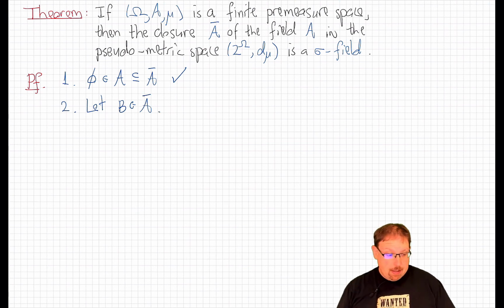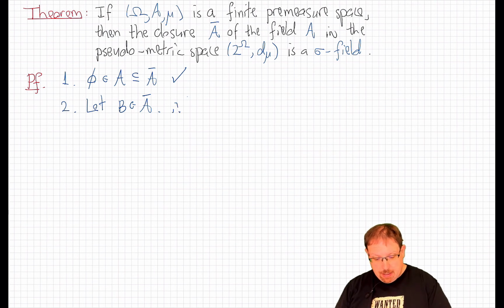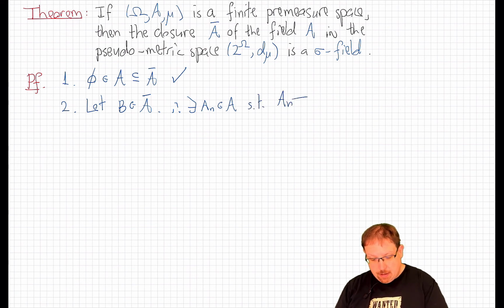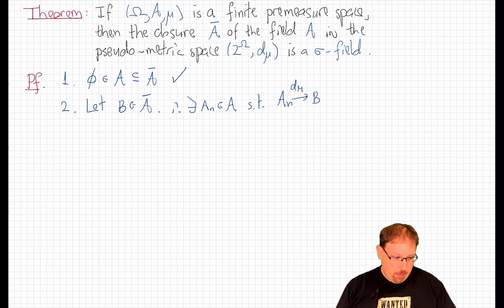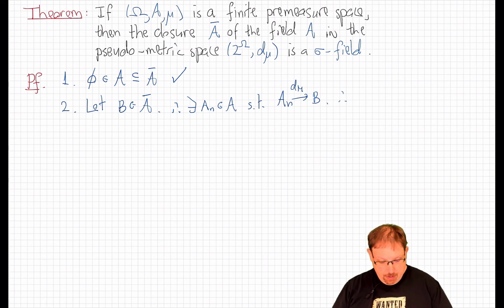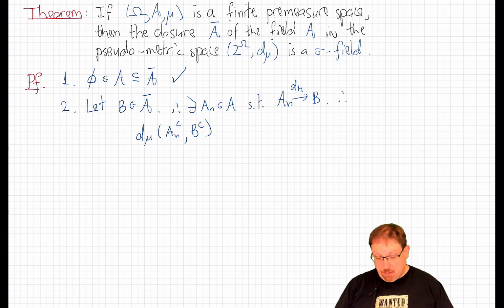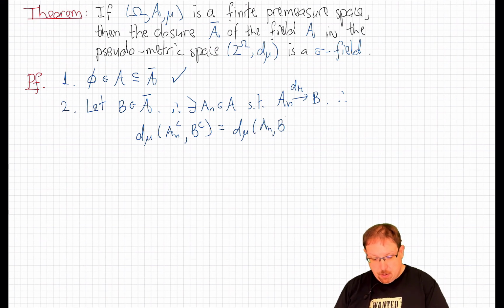What does it mean that B is in the closure? It means that there exists some sequence, A_n, in the field A that converges to B in the pseudometric. Well, if I take the metric distance between A_n complement and B complement, by the first property we proved for the pseudometric, that's the same as the distance between A_n and B, which goes to 0.